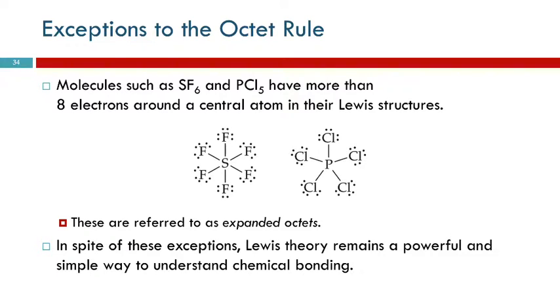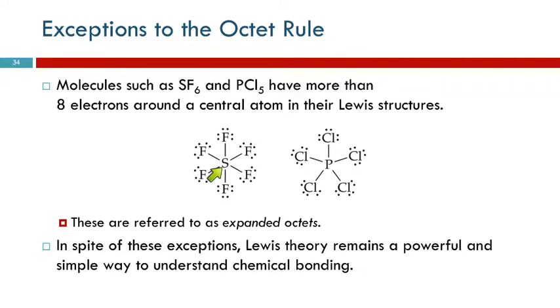Other exceptions, we can have more than 8 electrons around a central atom if the central atom is big enough. We go into this in a lot more detail in Chem 1A. But elements in this third period, like phosphorus and sulfur, can do this. They do it by expanding into the d orbitals.